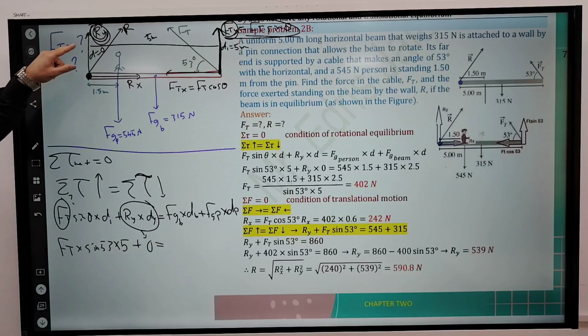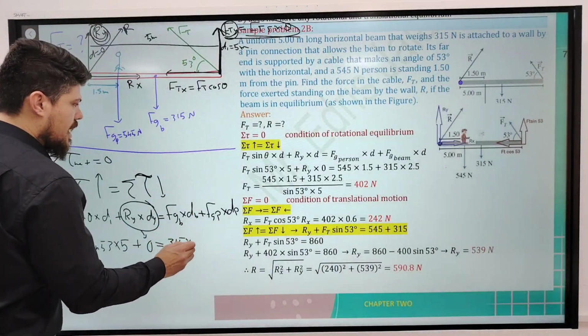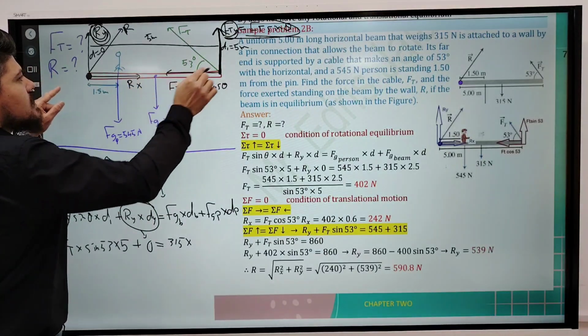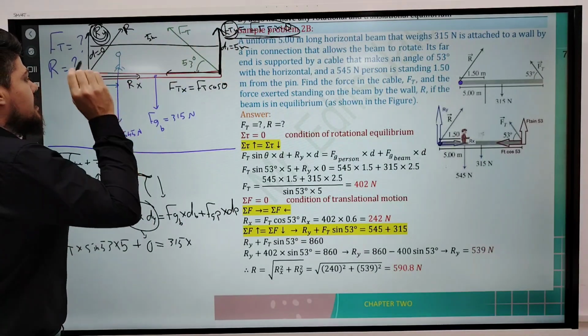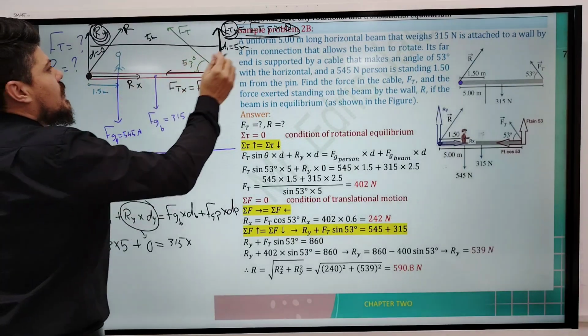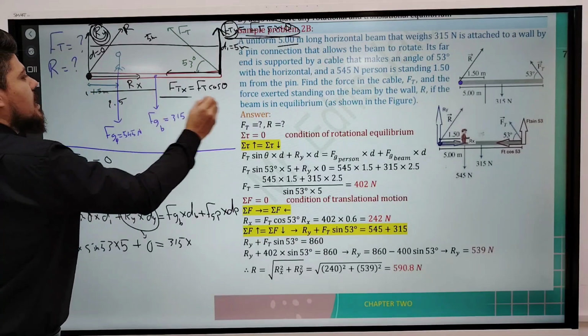Why? Because Ry is located on the axis of rotation. Fg of the beam was given as 315, times the distance of the beam. The entire length of the beam was given as 5 meters. The center of gravity of the beam is located at the center, so we divide 5 by 2, which leaves 2.5 and 2.5.